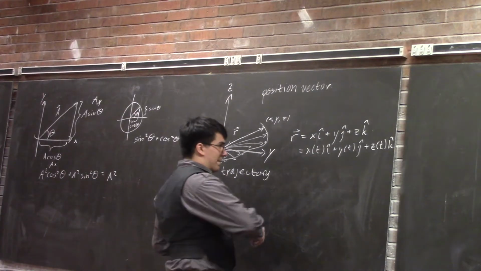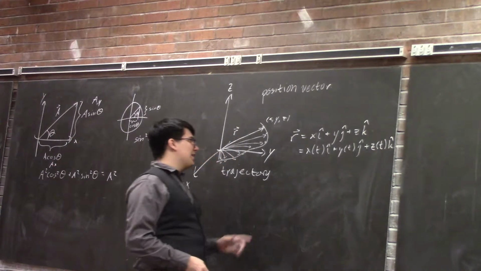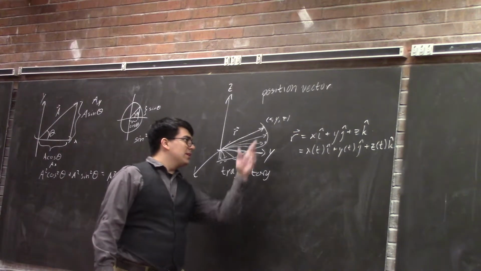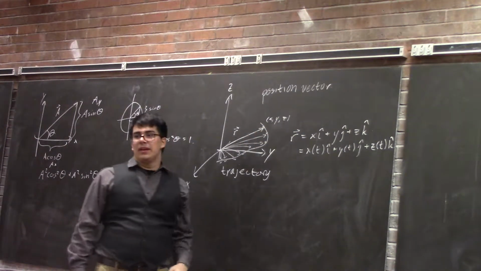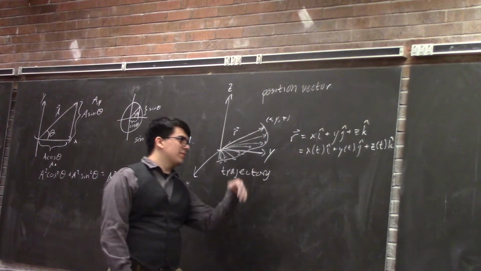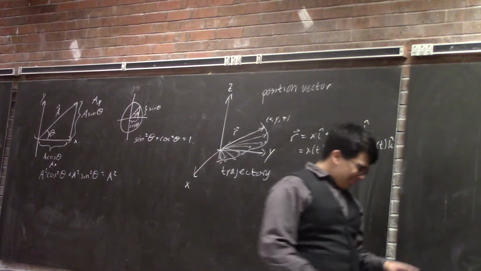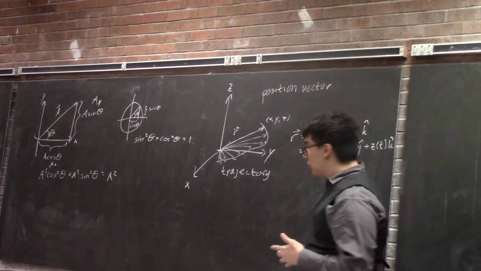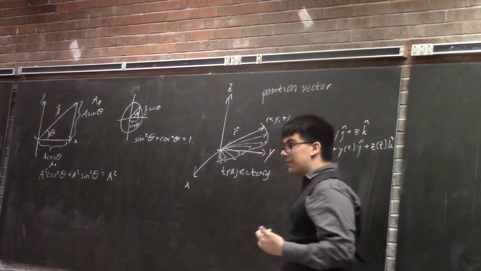So, for instance, I want to find the rate of change of position with respect to time. Let's say it's going from here to here, and it moves for some increment, delta t. You can make those kind of incrementation arguments all you want. What you'll end up with is the derivative.